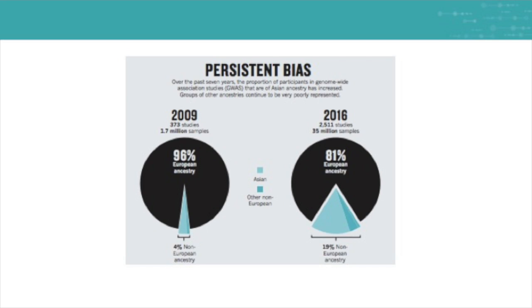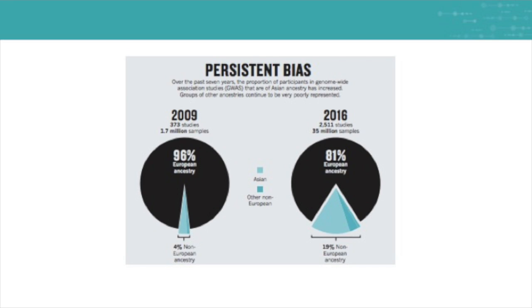As of 2009, 96% of all GWAS studies were of European ancestry. In 2016, it went a little bit better, but looking at the catalog of GWAS studies maintained by the EBI, the European Bioinformatics Institute, 81% of all GWAS studies in August 2016 were of European ancestry.